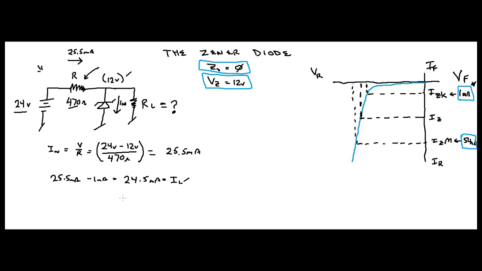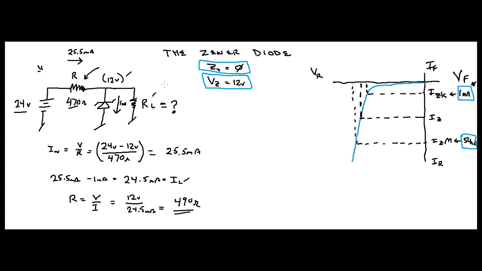So R is going to equal V over I, right? Which is going to equal 12 volts divided by 24.5 milliamps, and that's going to equal 490 ohms. Okay, so that's your minimum value for this resistor right here.